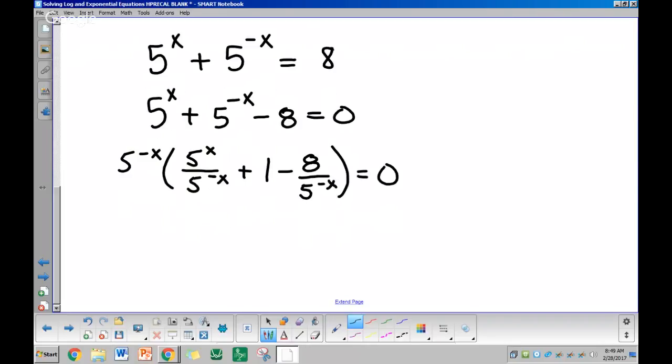So what do we do now? This is 5 to the negative x. 5 to the 2x minus 8 times 5 to the x plus 1 equals 0.